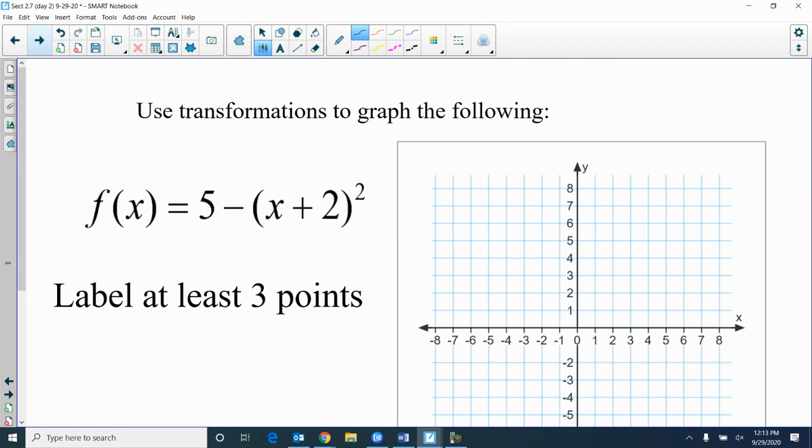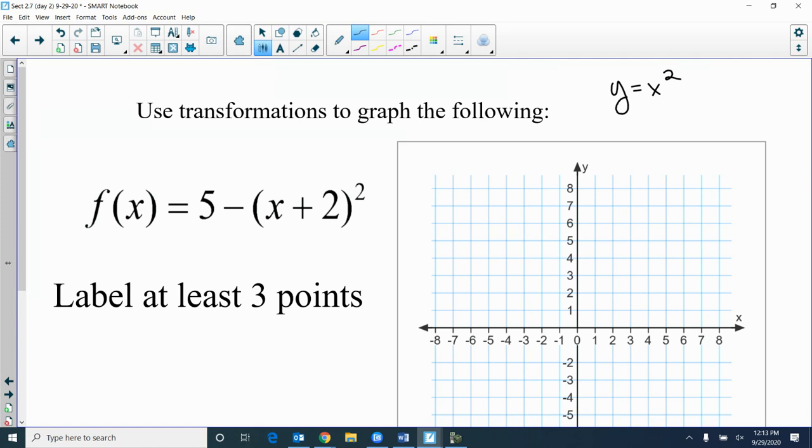Now let's take a look at this one here, let's go through this together. I am going to graph the parent function on the grid first, just to help me. Now, as you take a look at the function, 5 minus the quantity x plus 2 squared, the parent function is just y equals x squared. Okay, y equals x squared.